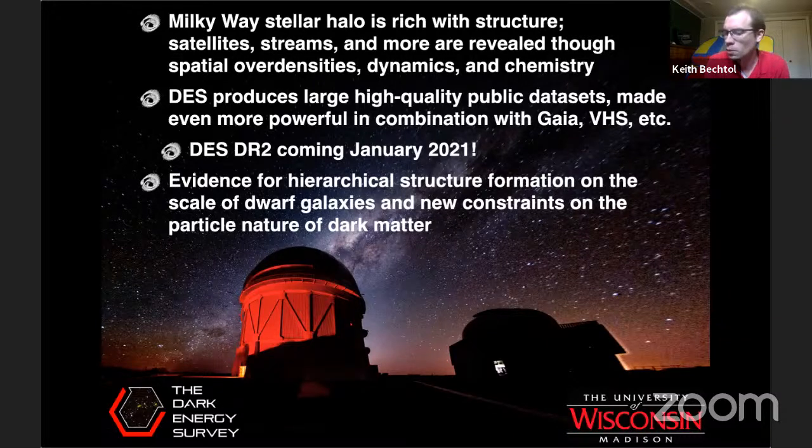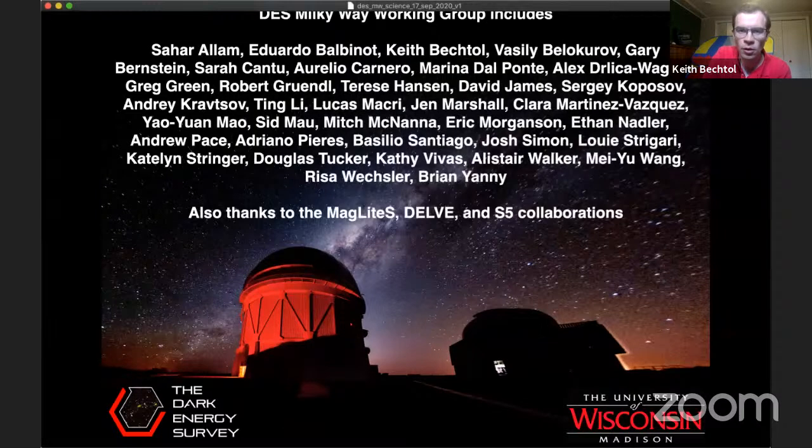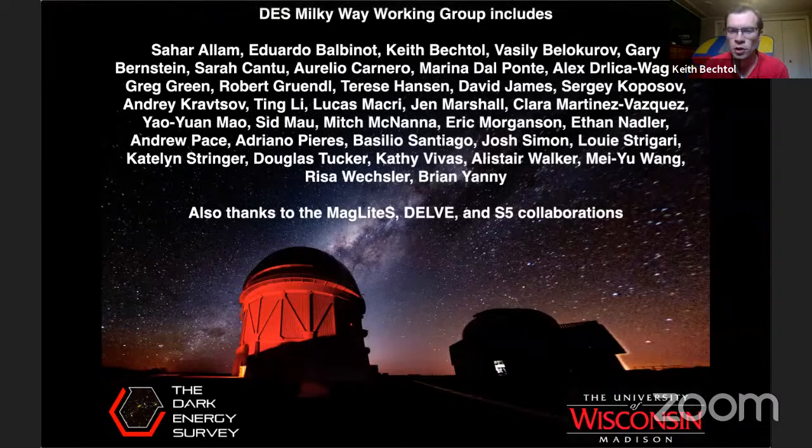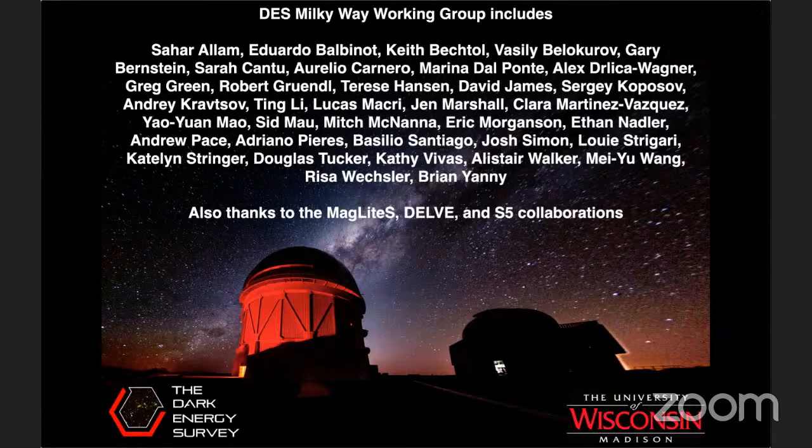But the Milky Way Working Group, I actually wanted to call out on this last slide, there are many people that have contributed over the years, but it's still relatively small compared to many of the other working groups in DES. So as one of the coordinators, I am always happy and excited and delighted when there are new projects being pursued. I think we're mainly just limited by the number of people.